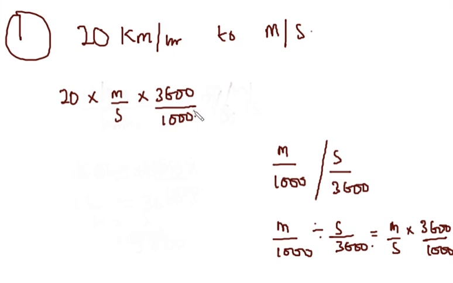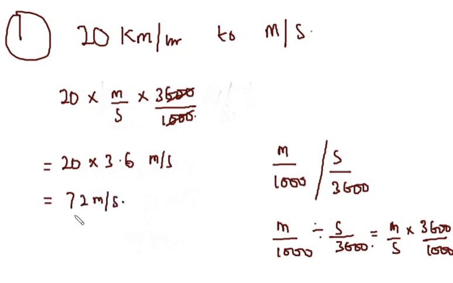So this will cancel out this, and we should have 20 times 3.6 meters per second. So 20 times 3.6 is equal to 72 meters per second.